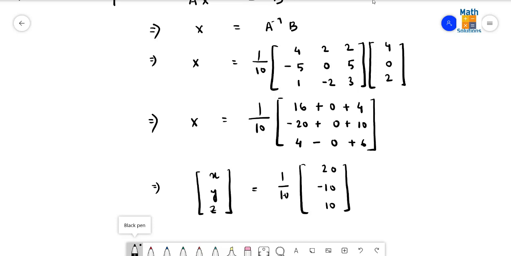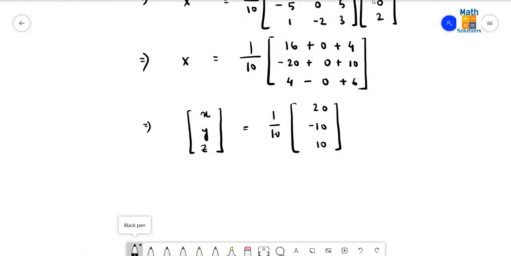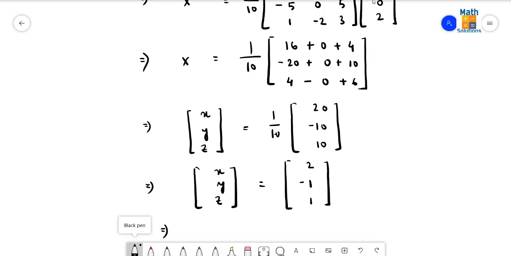So on reduction I shall be getting x, y, z equal to 2, minus 1, 1. So ultimately our answer comes as x is equal to 2, y equals to minus 1, z equals to 1, and this is the required answer.